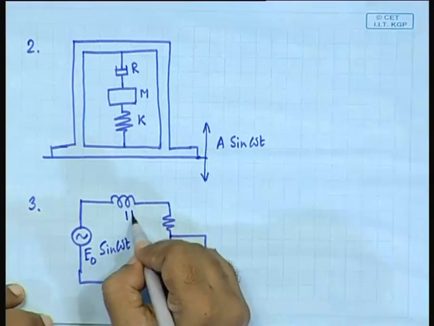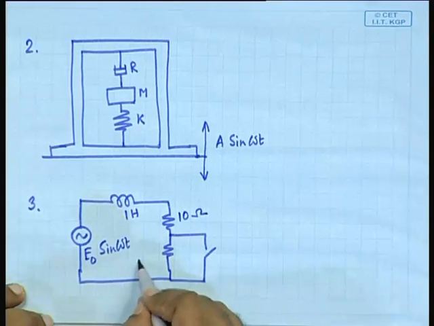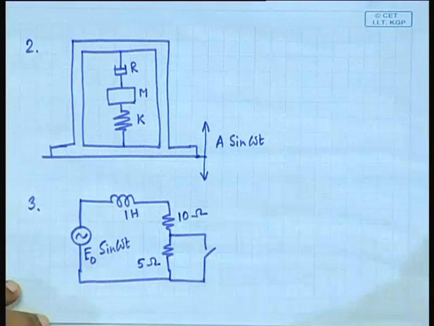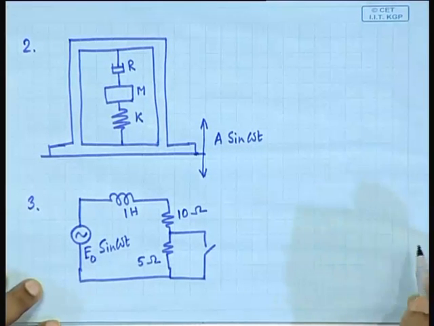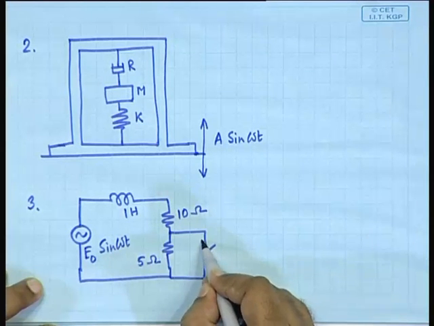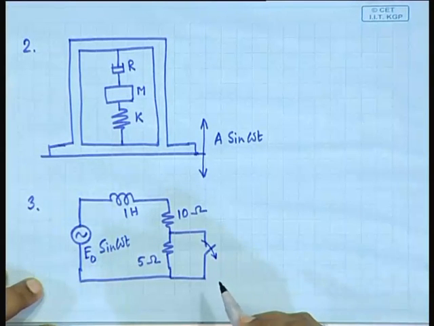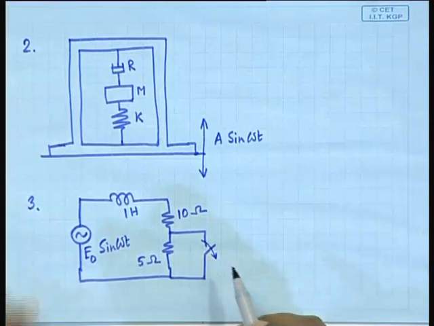Here is say 1 Henry, here is 10 ohm, and here is 5 ohm. Suppose initially the switch is closed for a long time and then it is opened at t is equal to 0.